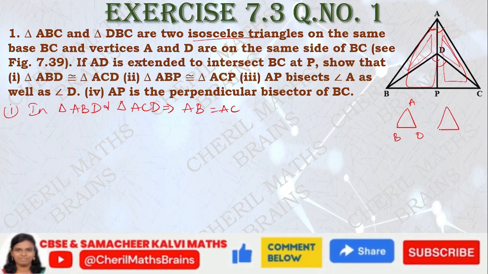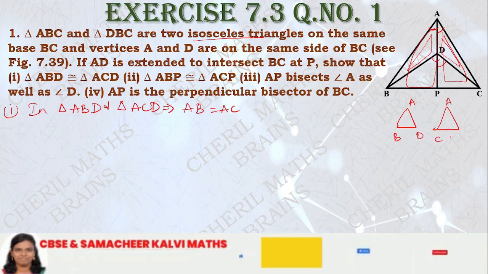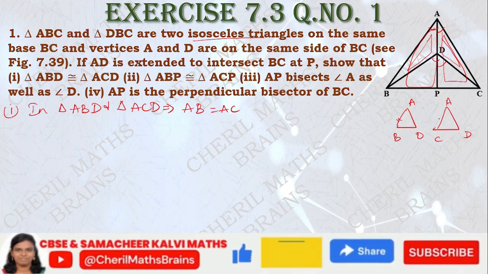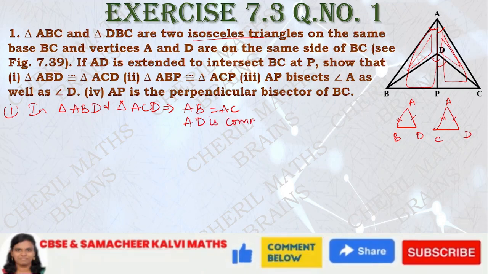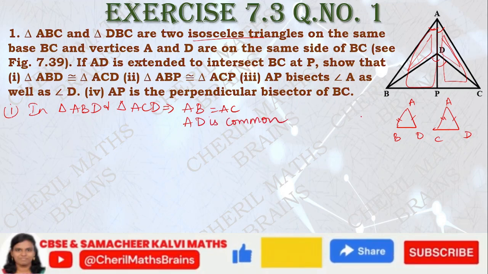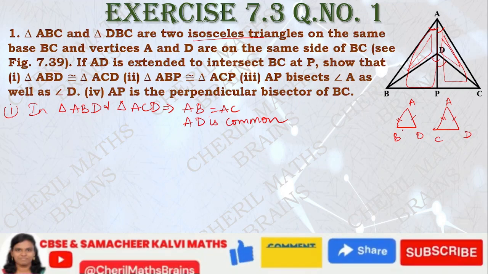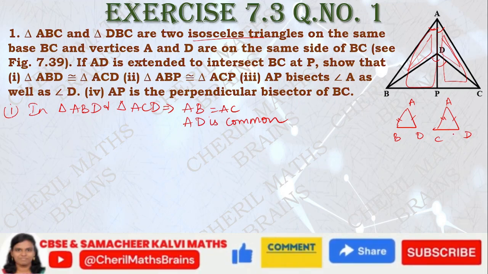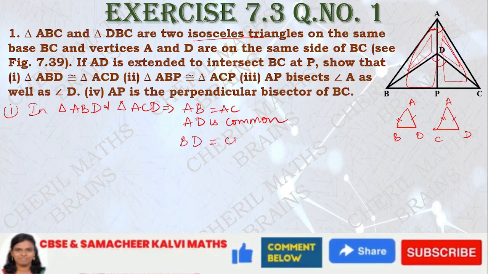The AB and AC are equal and AD is going to be common. So we can say AD is common, and then we can also say BD is equal to CD.